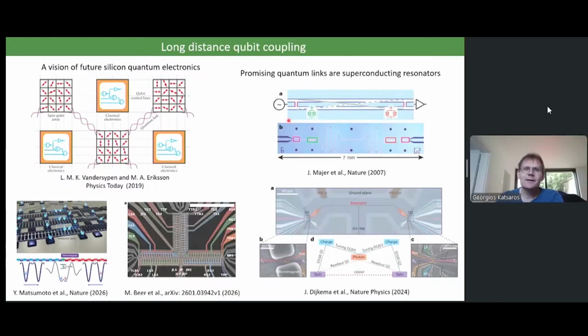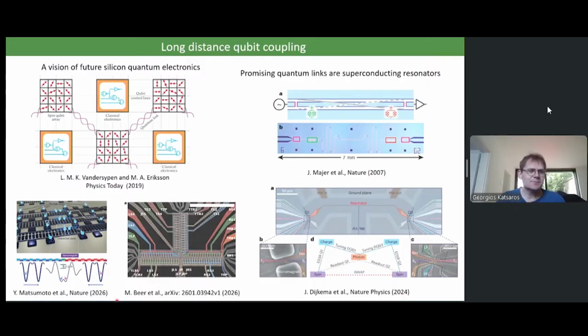One of the ideas is by looking at what other communities are doing, and this is a famous paper back in 2007 in the superconducting qubit community, where they used a superconducting resonator in order to couple two distant transmon qubits. And Lieven Vandersypen's group has used a similar concept in 2024 in order to entangle two spins.